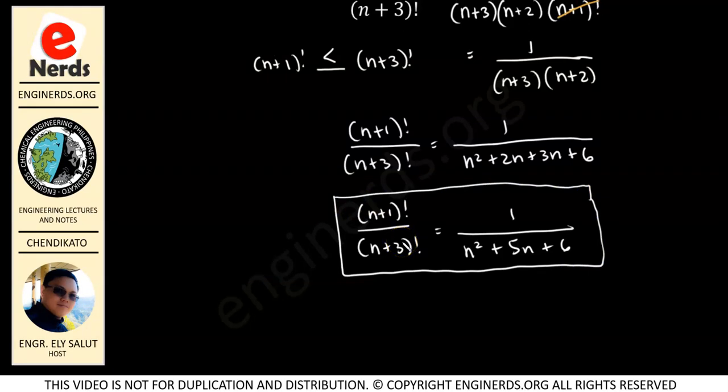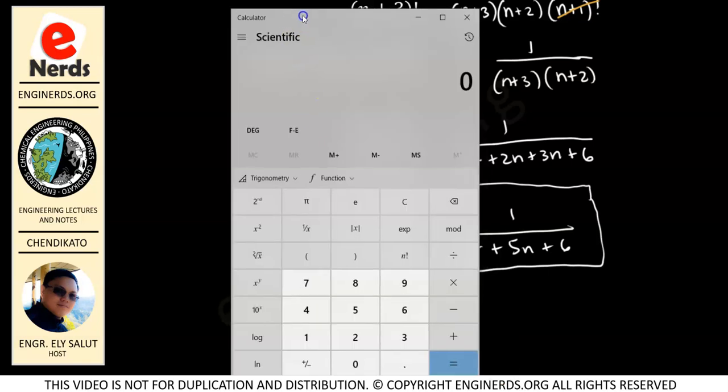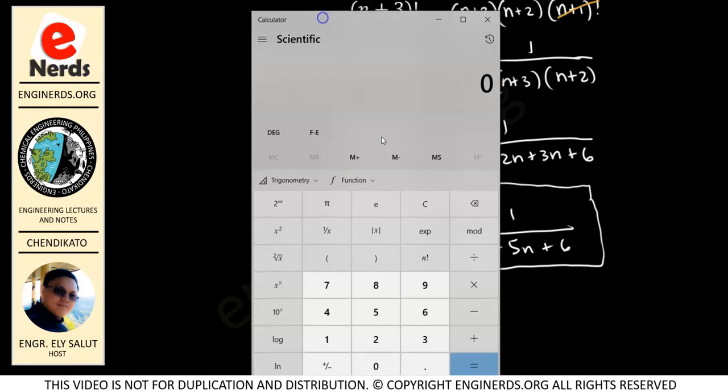Okay, so now we are going to show you how to use the calculator in solving for factorial. So, you will be using a scientific calculator as you can see right here. And for our factorial, you will see a factorial button like this. To use it, you just need to replace n by the number of your choice.